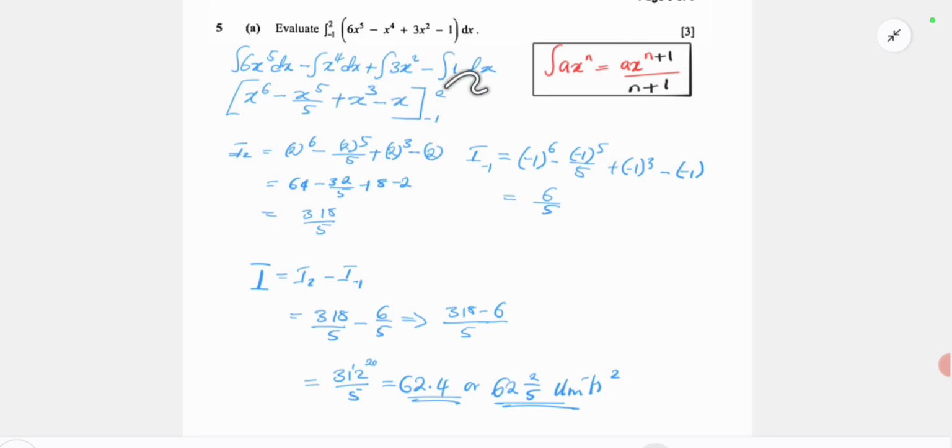Once you have your integral, substitute your limits. The first one, work it out and see what it gives you, the top one, which is called the upper limit. Then also substitute the lower limit in this expression. Then once you have your two limits, the upper and the lower, you can subtract them: the upper minus the lower, and see what it gives you. So basically, this is the idea behind evaluating integrals.